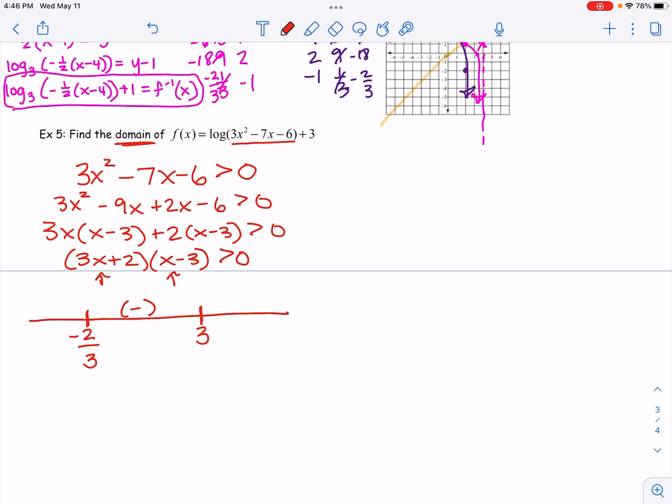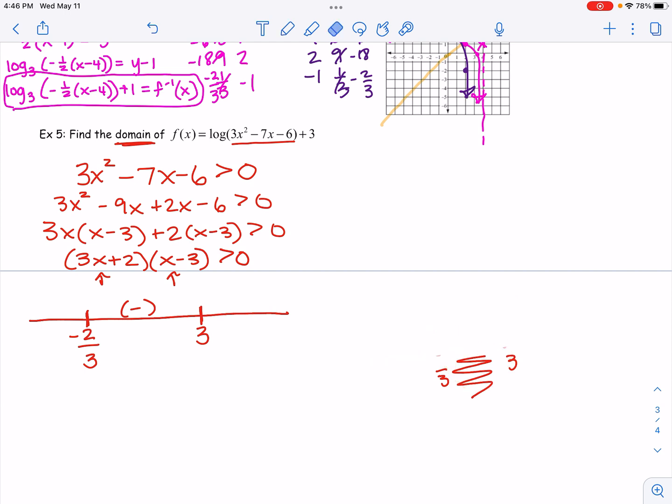Now, you know that what we have in the argument is a quadratic. So at this point, you technically should know that on either side, the left and the right, they're going to be positive numbers, because on a graph, you're seeing something like if I have a 0 at -2/3 and a 0 at +3, and I know that in this region, it's below the graph, then my quadratic is here, right?